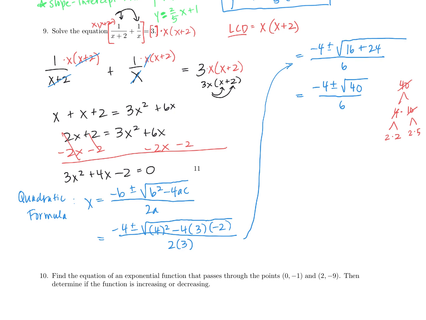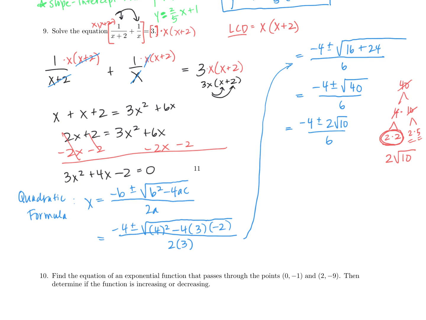Since it's a square root, we look for groups of 2. So there's a group of 2. And the other 2 don't have a pair. So the group of 2 2's comes out as a 2. And then the 2 and the 5 multiply back together and stay under the radical. So the pairs come out, the singles stay under. So that's now going to be negative 4 plus or minus 2 square root 10 over 6.